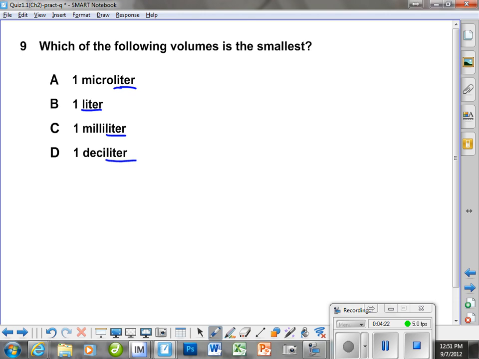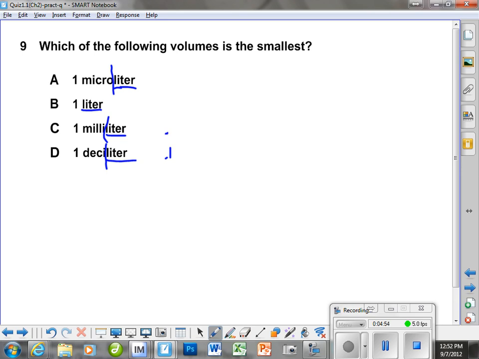So all we do is look to the left, find the prefix that is the smallest, and we got a milliliter there, a deci. Okay, milli and deci. Deci is 0.01, or deci. Is that right? No, 0.1. Oh yeah, that couldn't be right because centi is 0.01. So deci is that guy.